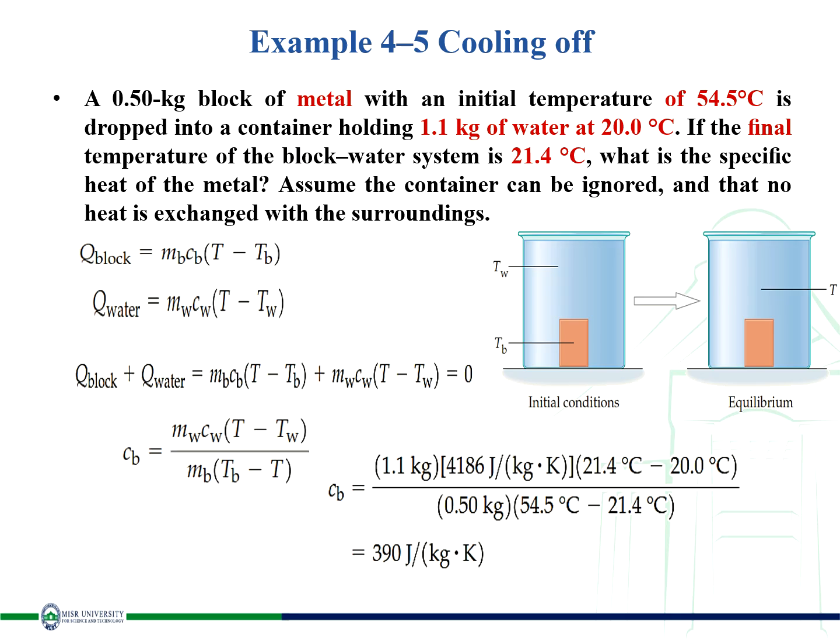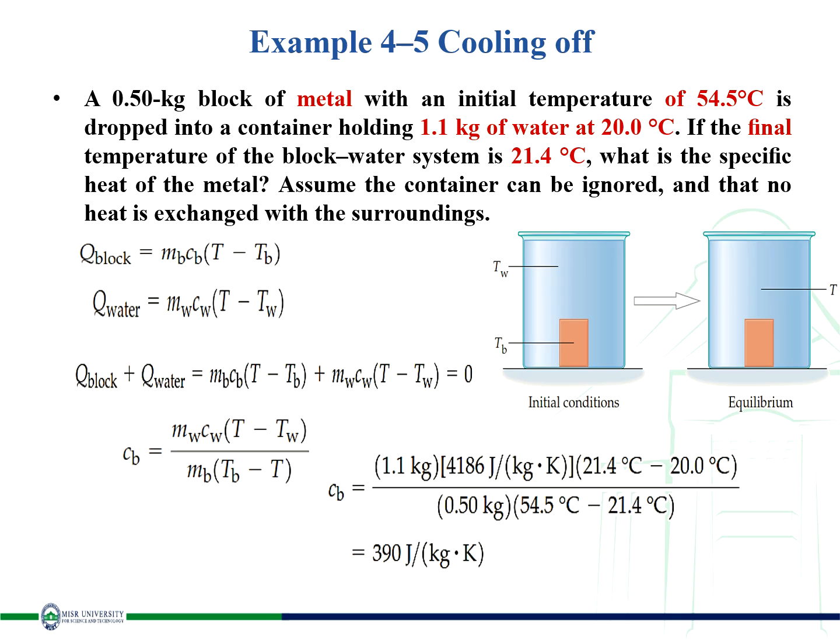T minus T_W equals 21.4 degrees Celsius minus 20.0 degrees Celsius, equals 1.4 degrees Celsius, or 1.4 K. Since it's a change in temperature, T_B minus T equals 54.5 degrees Celsius minus 21.4 degrees Celsius, equals 33.1 degrees Celsius, or 33.1 K.